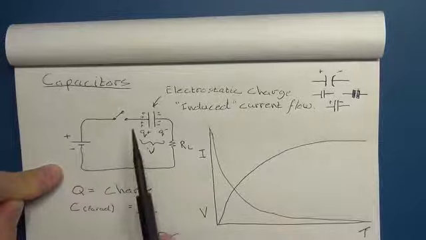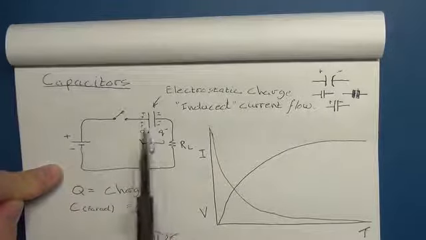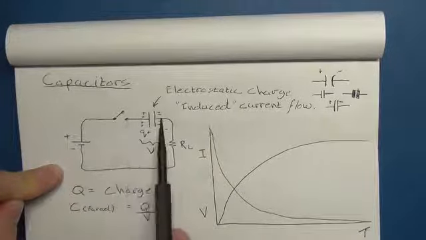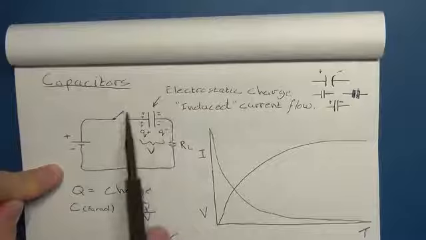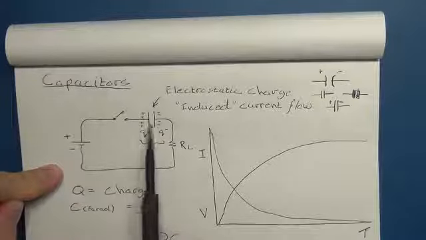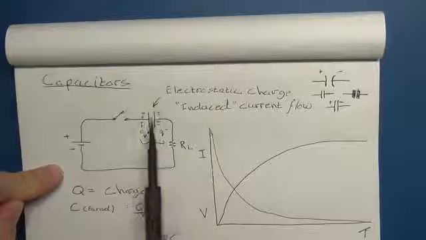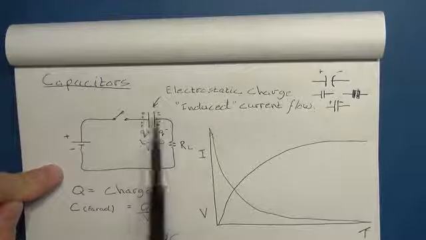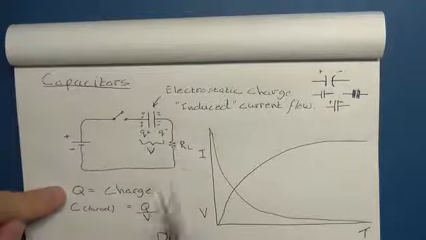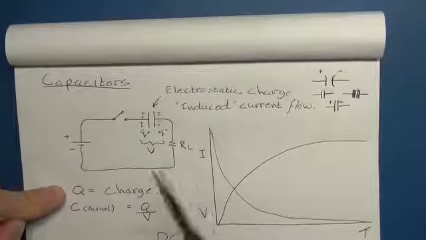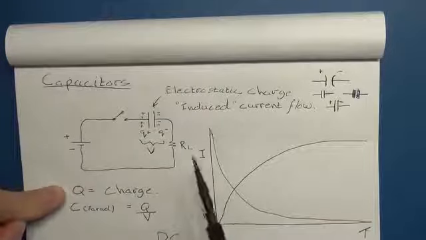So with DC, a capacitor actually blocks the current flow, and these become very useful characteristics of a capacitor. With AC, it actually allows current to flow. Now we're going to have a look at an analogy which will hopefully give you a better picture.